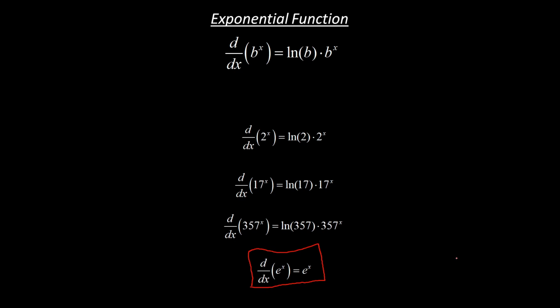So besides 0, the derivative of 0 is itself, and the derivative of e to the x is itself. So it's a special case. The book will use these examples a lot. The derivative of e to the x is itself.